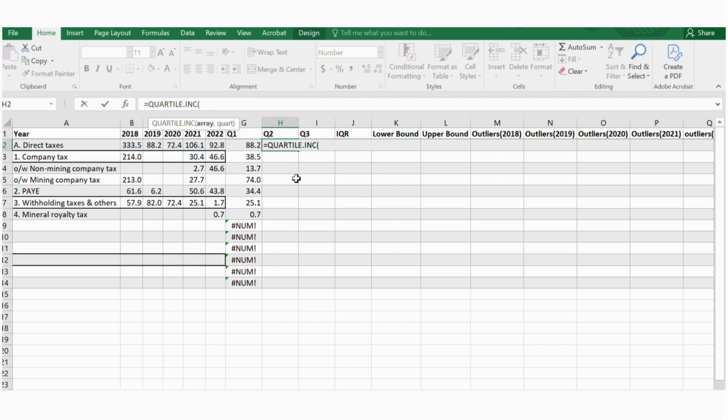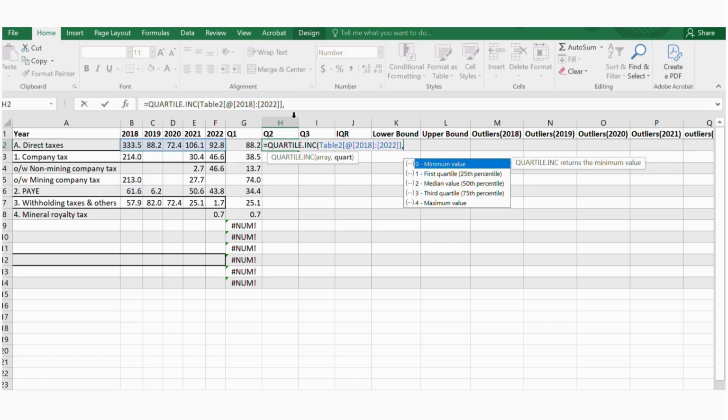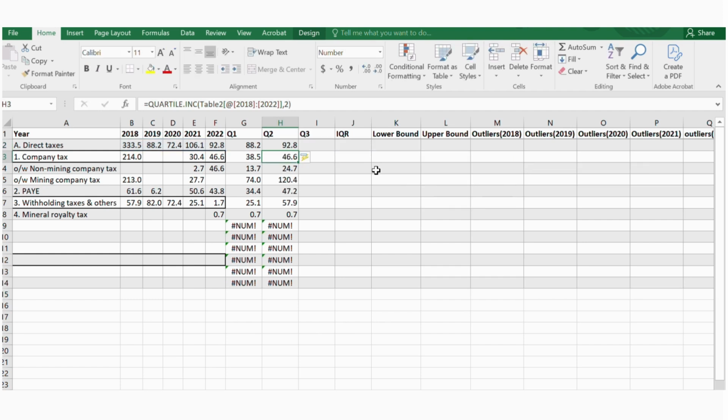Our table array, or our range, is 2018 to 2022, comma, we are looking at the second quartile this time around. There we have it. This is our median for direct taxes, company tax, all those other ones, because the formula has been dragged down to the rest of the cells.